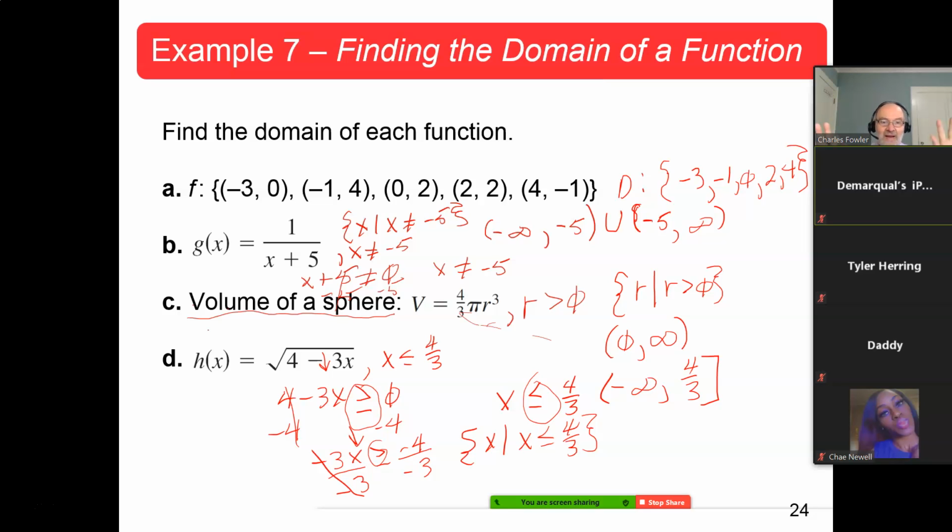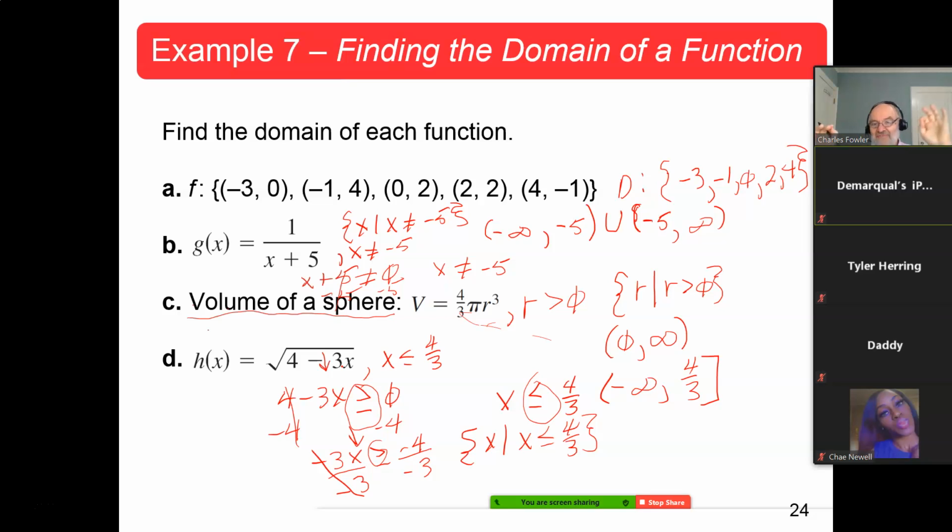Okay. Now, I'm sort of a cynic here, and I want to make sure I got it right. These are the values for x. So I'm going to take that last value, that 4/3, and plug it in here. When I multiply 3 times 4/3, the 3's cancel out, and that gives me a 4, but that's 4 minus 4.